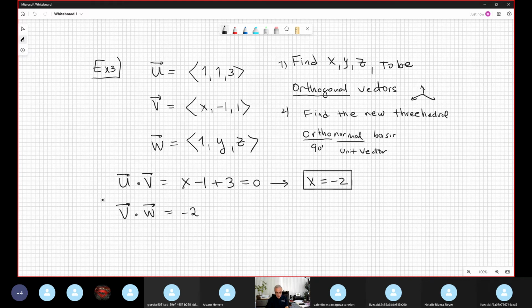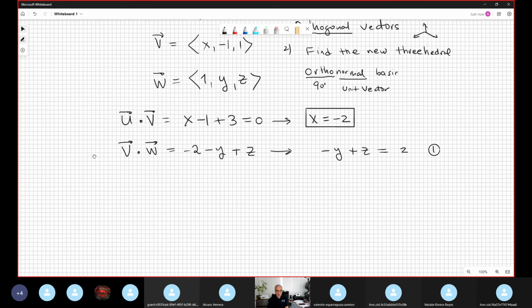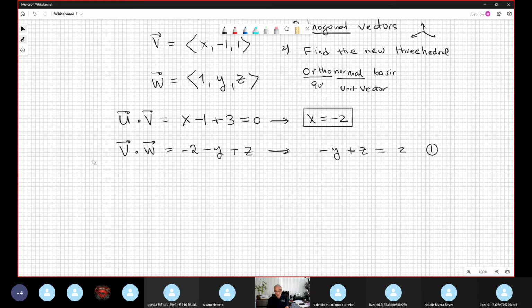Now minus y, because it's negative 1 times y, and plus z. Okay, no problem. The equation is minus y plus z is equal to. Here I have equation 1 because I suppose that at the end of the problem we have a system of equations because we have two unknown, y and z.